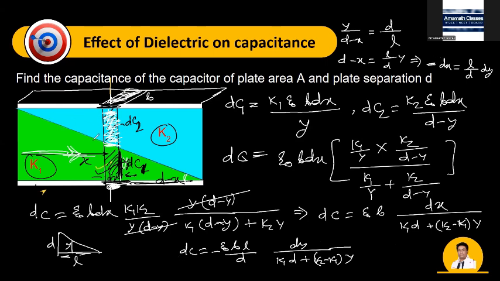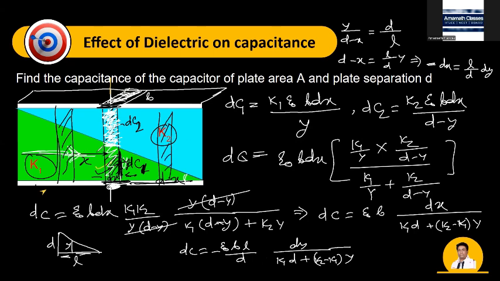Now you see, this is the important thing. If I take the dC here, then the value is this. But I can take the dC here also, even here also.